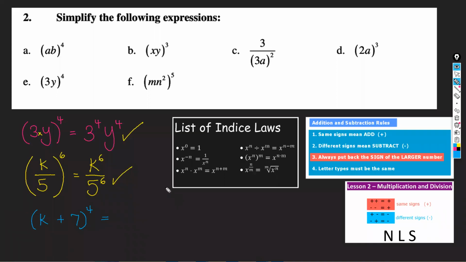So you know what a lot of people will do? And tell me, and be honest, how many of you were thinking this even before I said it? This means k to the power 4 plus 7 to the power 4, because the 4 is outside the brackets. And I have been saying when you have something outside the brackets, it belongs to everyone inside the brackets, right?